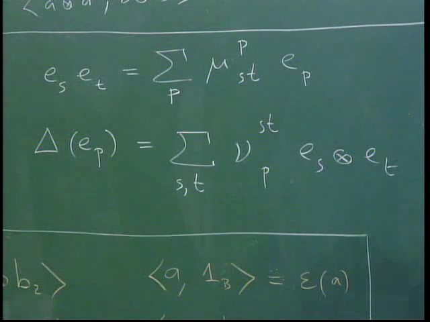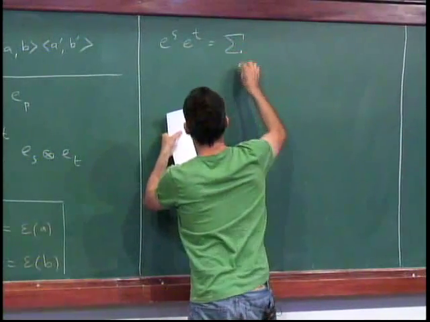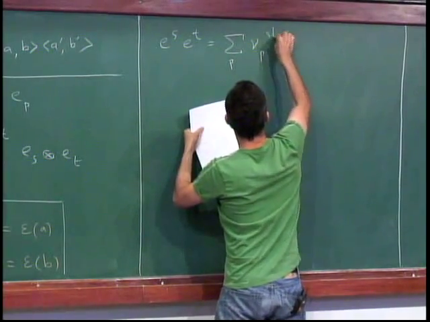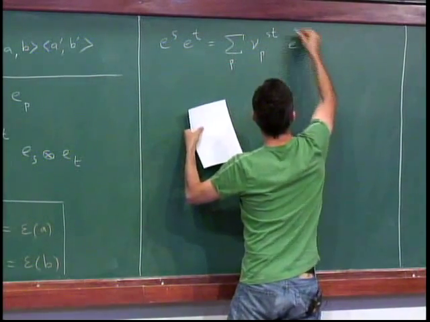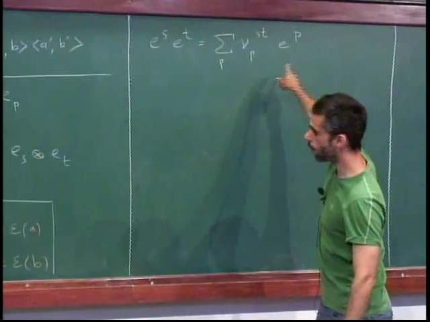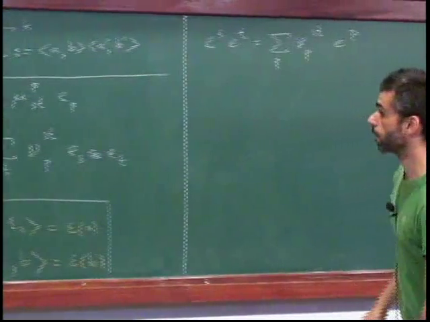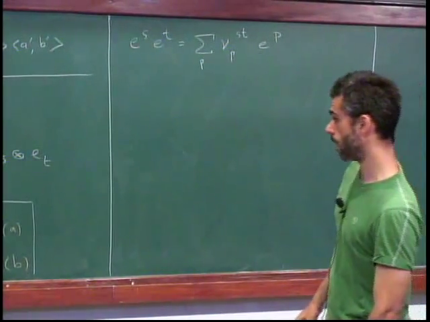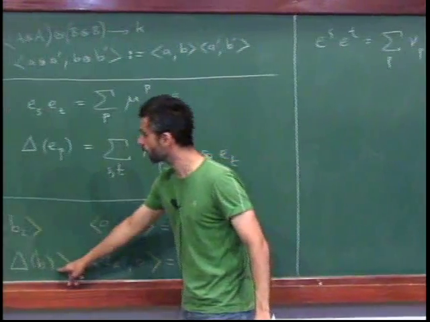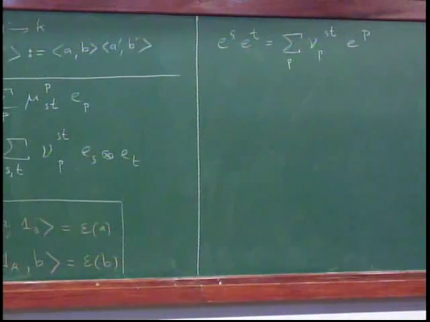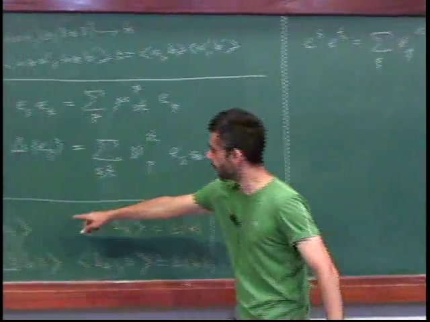So we also have ES, ET equals sum over P, nu PST, EP. So that's encoding that. Let's see, which relation is that encoding? That's a coproduct on the second algebra. So it's encoding that relation here. It's the product on the second algebra. So it's this relation here.